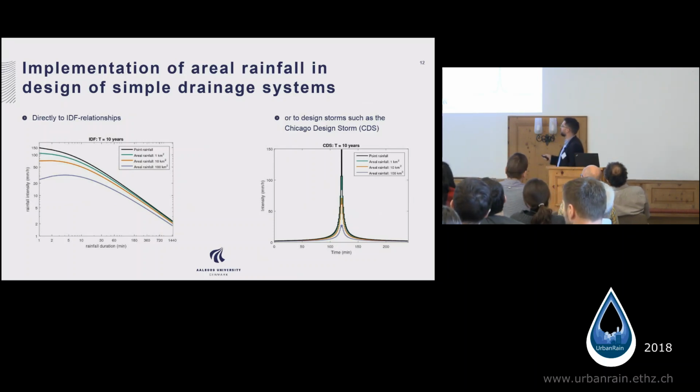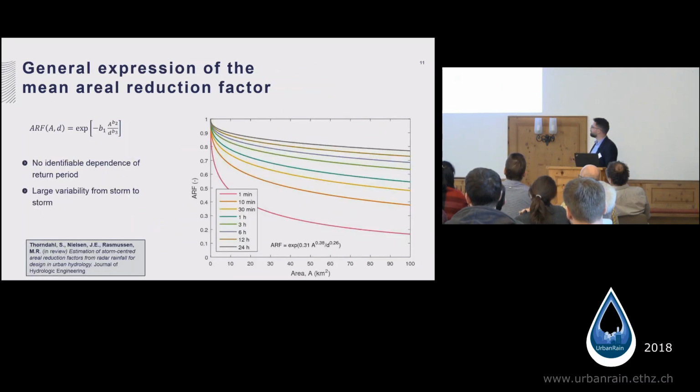This is the IDF curves, yes. Yes, I agree, but over here, for a specific return period, it's okay. But the lower here, you have a concave shape, which means that if you go to 1 hour duration, the rainfall intensity will be smaller than the average rainfall intensity. But that's due to the fact that we have for the short durations this very low areal reduction factor.